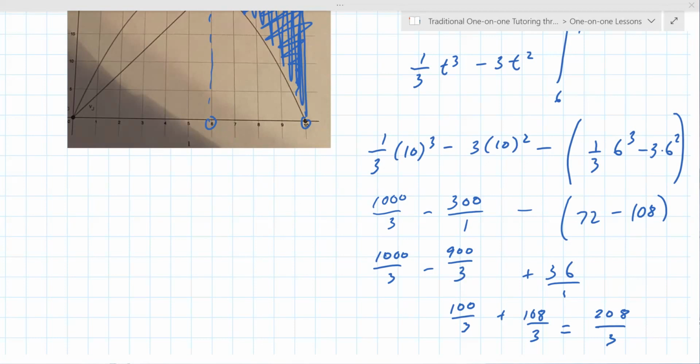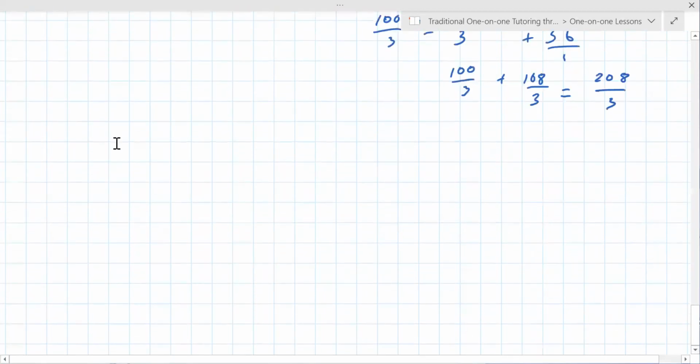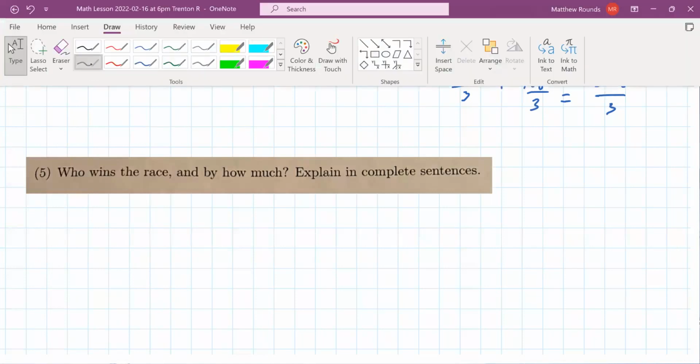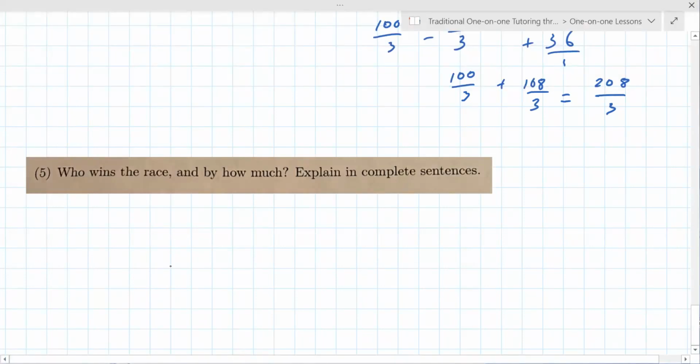So there's a way to answer 5 with the information we've already answered, but we're going to do 5 differently to make it really clear how to do this. Okay. So we want to know the distance of the two people.